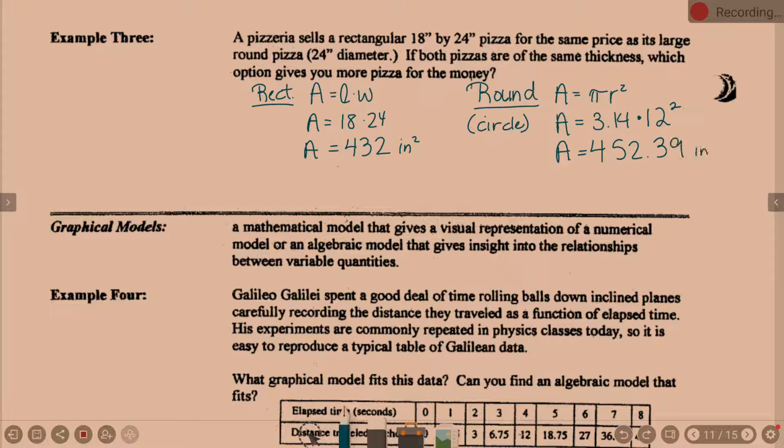Did anyone not use the pi button? You're not wrong if you got 452.16, because then you just used the approximation of 3.14. They're both around 452. In the big scheme of things, it doesn't really matter for what we're doing, because which option gives me more pizza for my money? I want to order the round pizza, don't I?